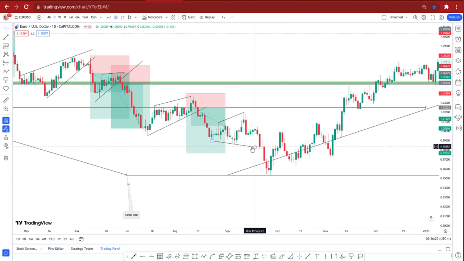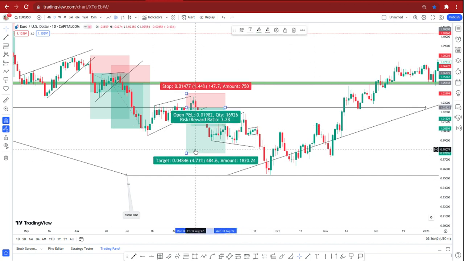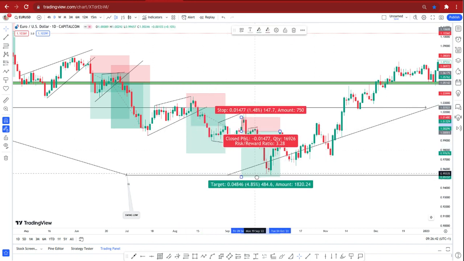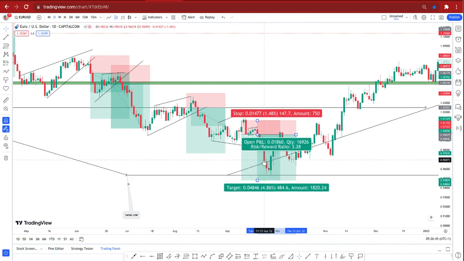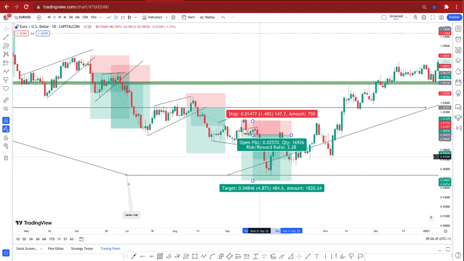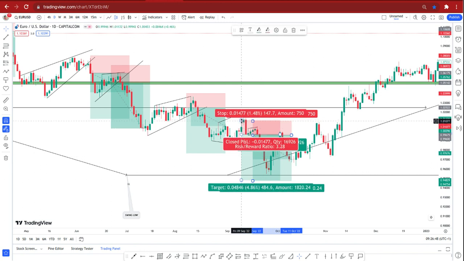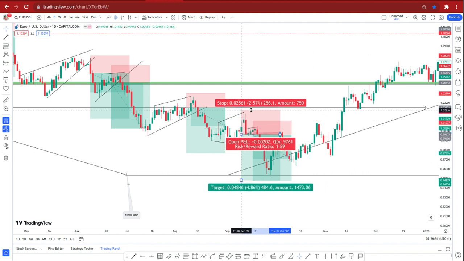So I can still have another entry here also. So I have two entries here, one at the close of this and the other at this bearish engulfing here. So this one stop should be above.